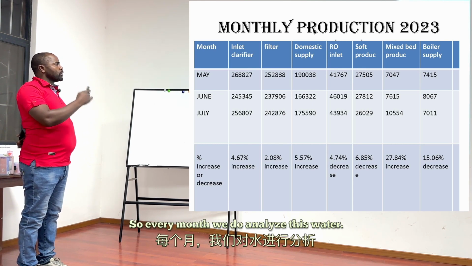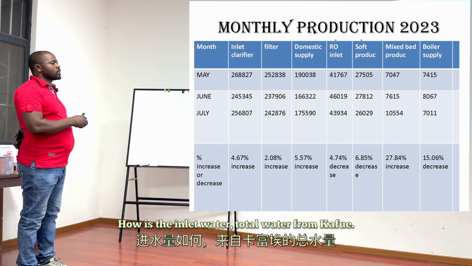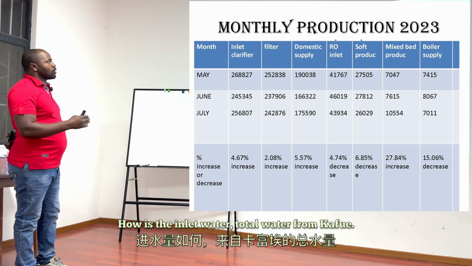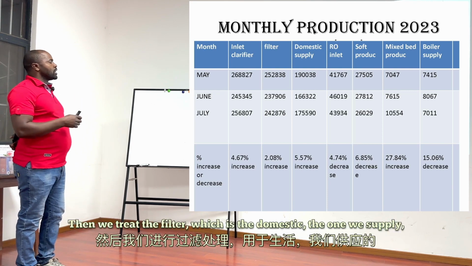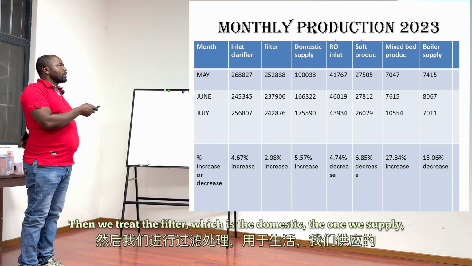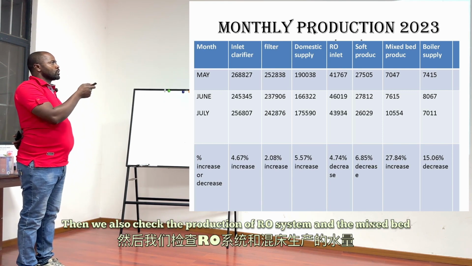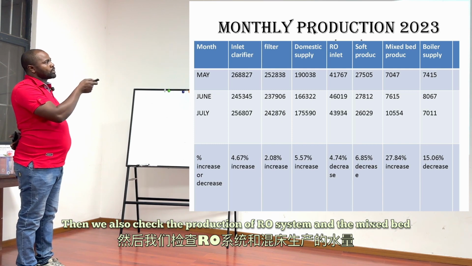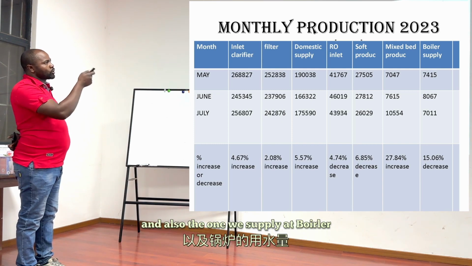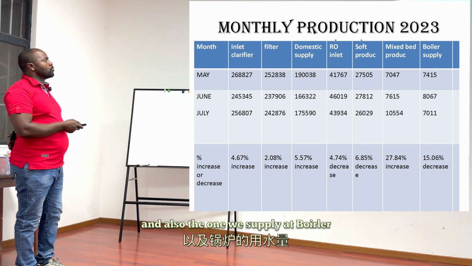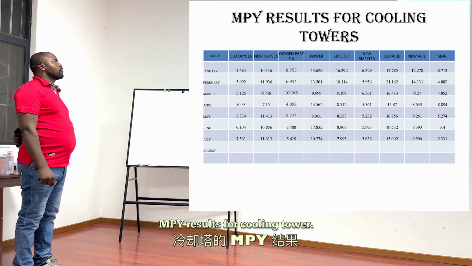Every month we analyze this water: how is the inlet water, the total water from Kafue? Then we treat it through the filter, which is the domestic water we supply. We also check the production of the RO system and the mixed bed, and also the water we supply to the boiler.